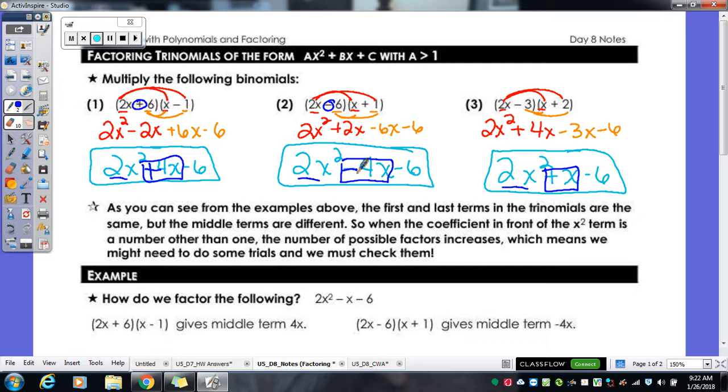Yeah? So, why is it 2x plus 6 and then 2x minus 6? Mm-hmm. The plus or minus ends up being the same as the middle term in the answer. But on number 3, it's 2x minus 3, and then it ends up being the same.